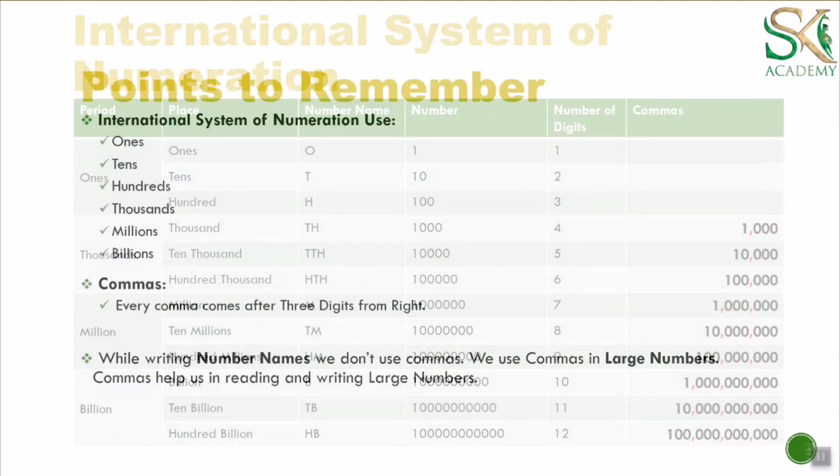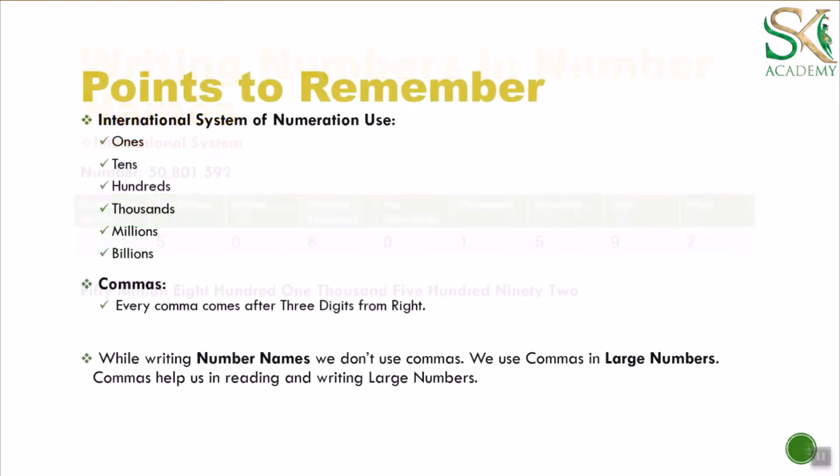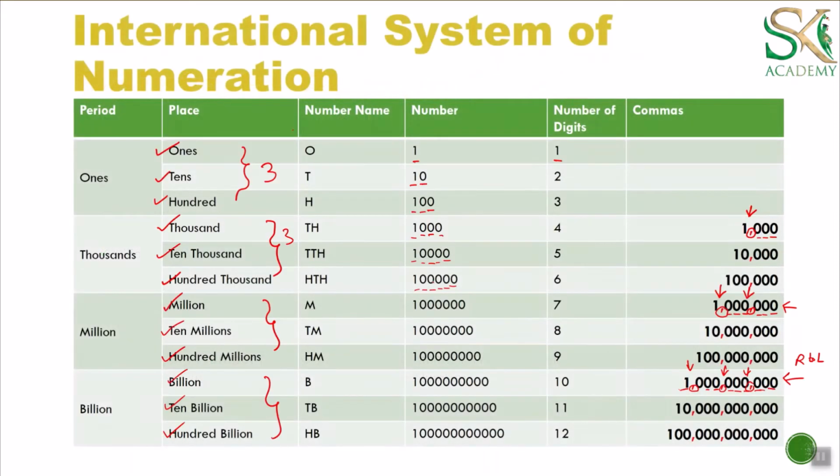Okay. Now let us understand how to write the number in the international system. If you see here, whatever we have discussed is in this table. What is the first box that you need to consider? Ones. Second box, tens.